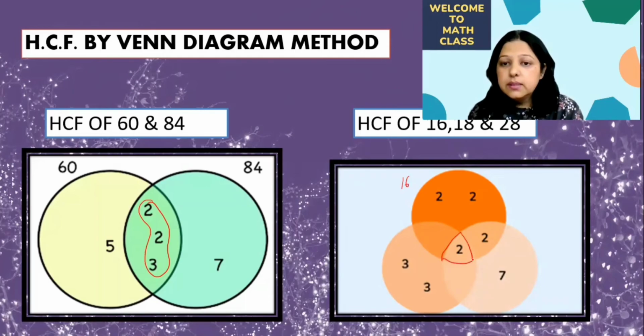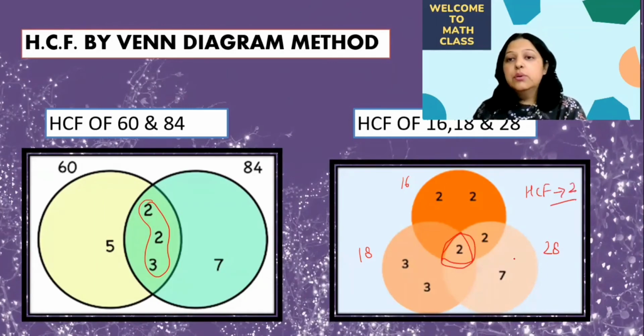You can see here intersection part of 3 circles. So for 16, the factors are 2, 2, 2. And for 28, the factors are 7, 2, 2. And for 18, the factors are 3, 3, 2. So because 2 is coming in the intersection part, so HCF is 2 here. So here we are applying factors method also and a Venn diagram method also.